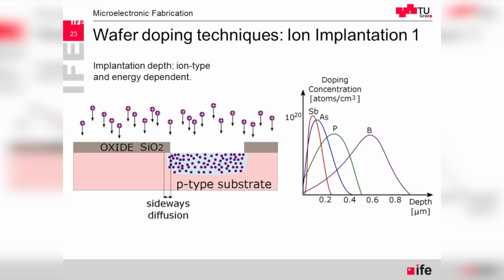And here, depending on the type of the dopant atoms, which is also true for diffusion, the temperature and type of the ion, they will influence the profile. And here we can clearly see also that the peak depends on the type of the ion, not to mention that the energy will also play a role. We can go into much more detail into this process, but this is just an overview I would like to give.